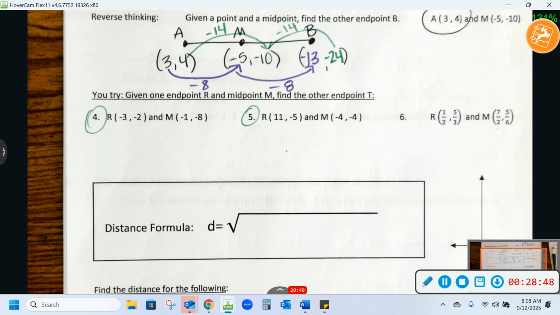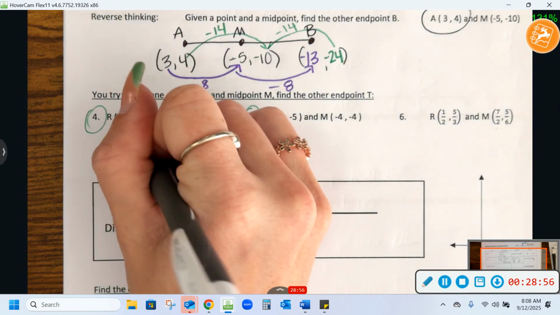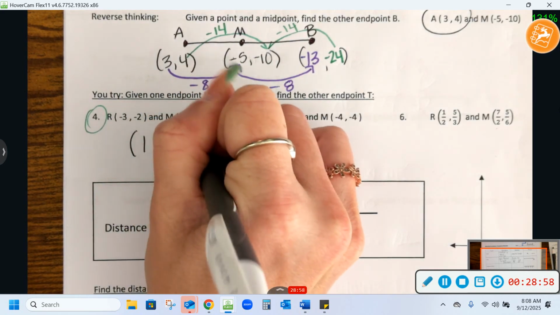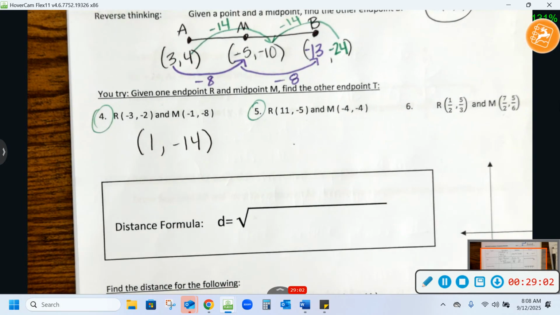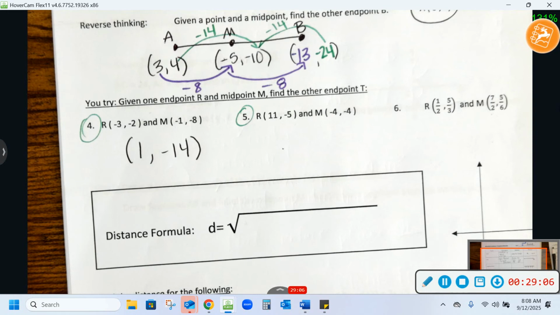You got it? Caleb, what'd you get for 4? Good job. That's right, for number 4. Anyone got number 5 yet? Okay, hold on one sec. Let's give everyone a second.